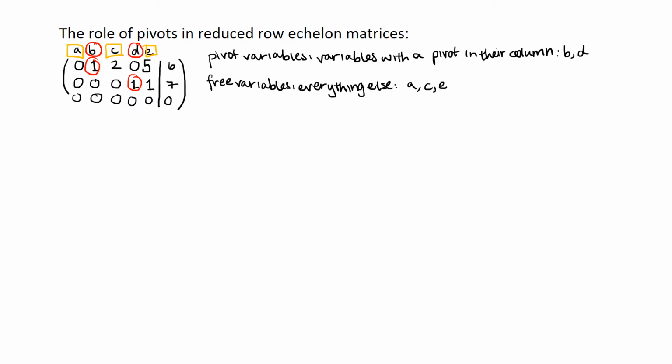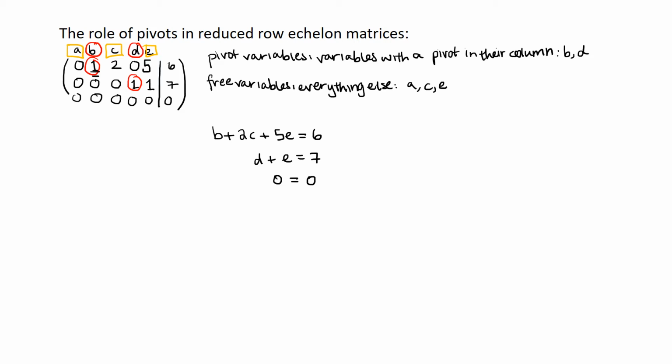If we look at the system that a reduced row echelon matrix corresponds to, for example, this one is B plus 2C plus 5E equals 6, and D plus E equals 7, and 0 equals 0. You'll notice that our pivot variables occur only in that one row, and all of the other entries in that column are equal to 0.